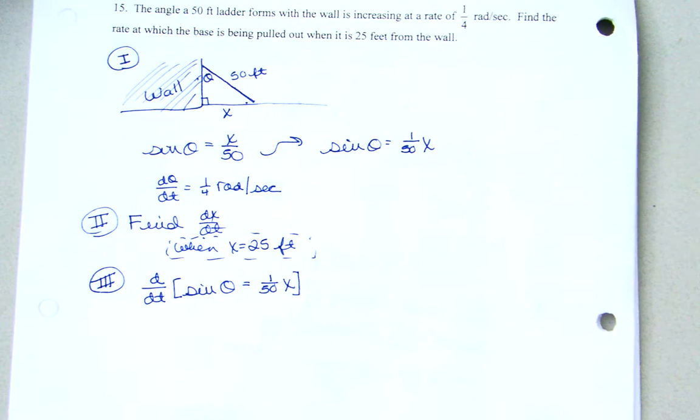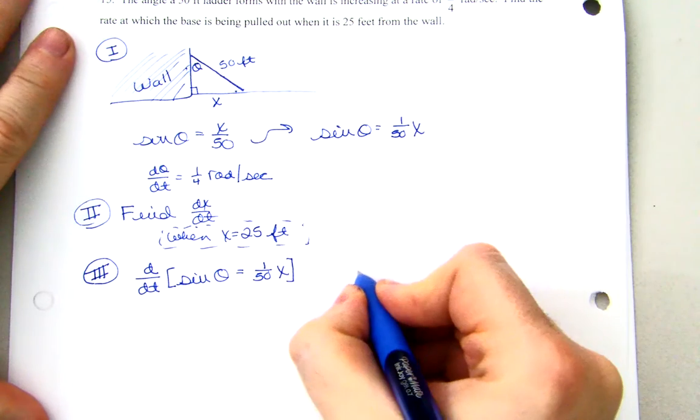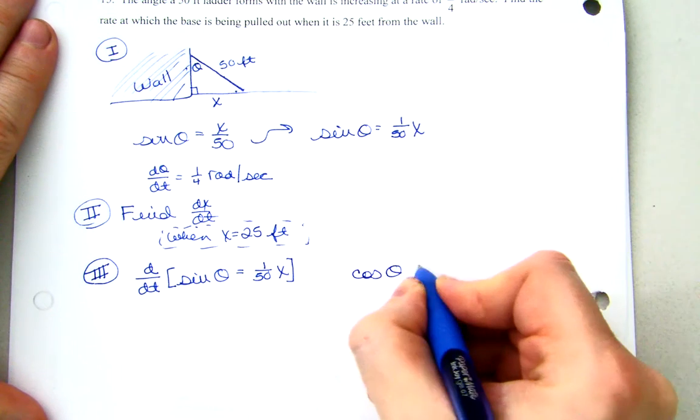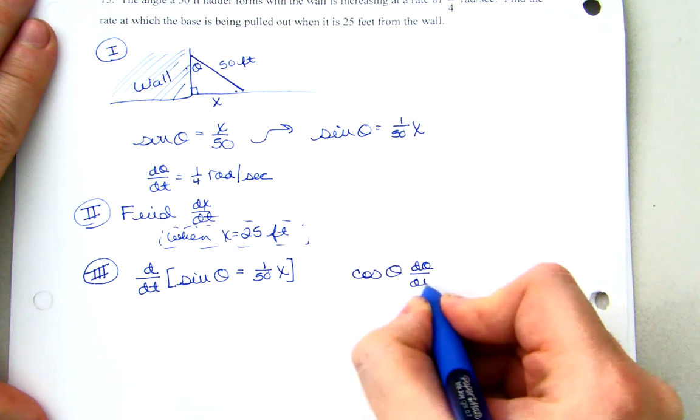So what's the derivative of the sine of theta? d theta dt. Be careful. T is our variable. Everything else is based on t.